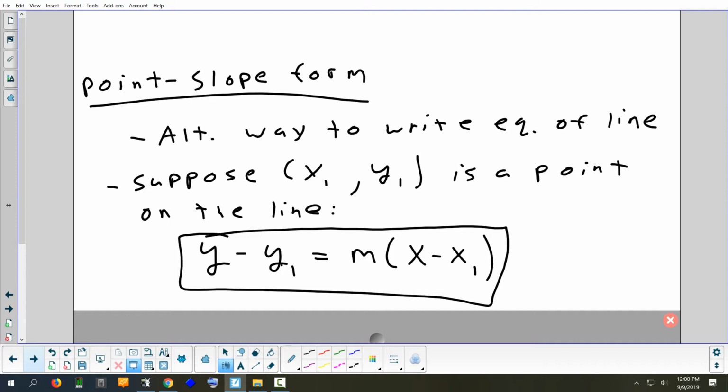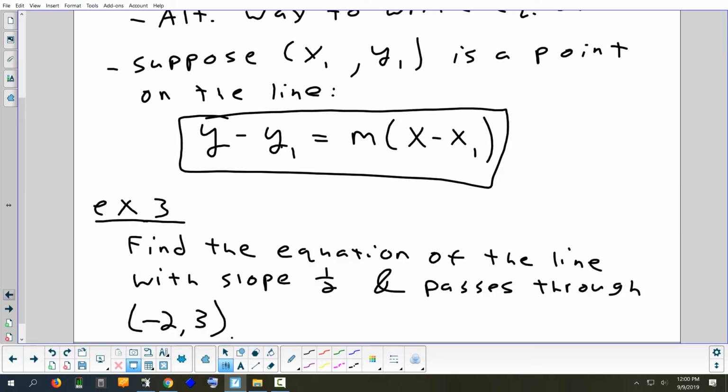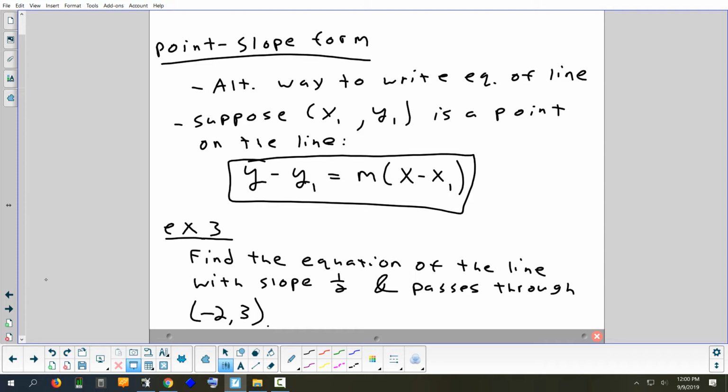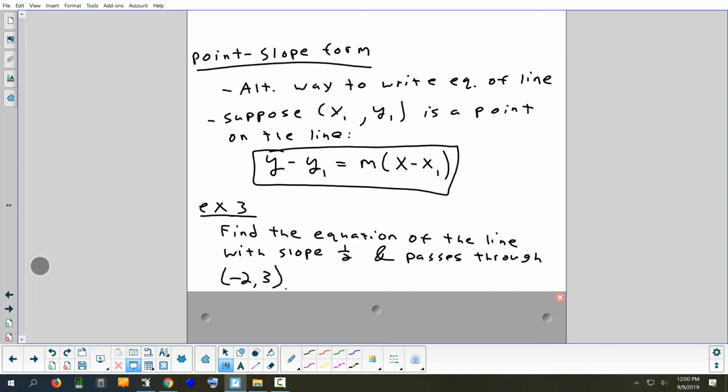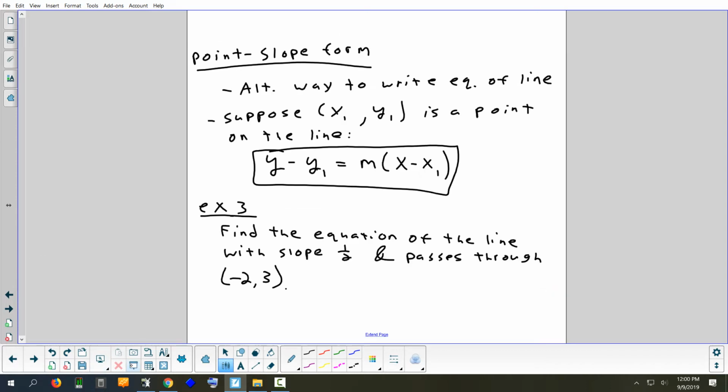Point slope. It's another way to write the equation of a line. We don't use it as much. It's handy if they give you a point and a slope and you don't want to worry about the y-intercept. So if I asked you to write the equation of this line, the slope is a half, and it passes through the point -2, 3.